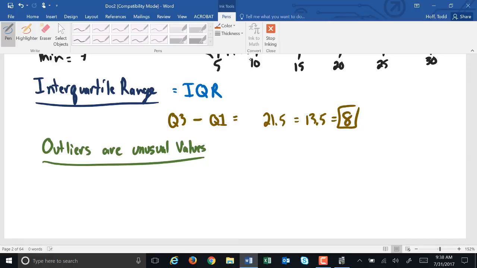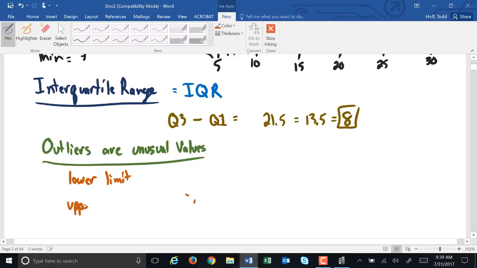We call them the fences or limits. So we're going to find a lower limit and an upper limit for our outliers. To do that, we're going to take 1.5 times our interquartile range. 1.5 is a constant. So for this data set, 1.5 times our interquartile range of 8 gives us 12.